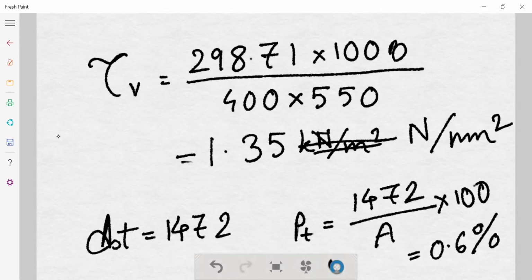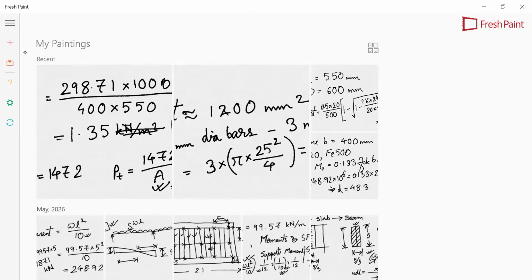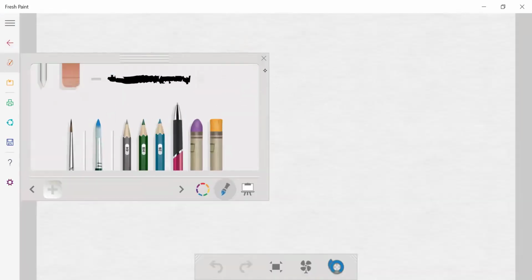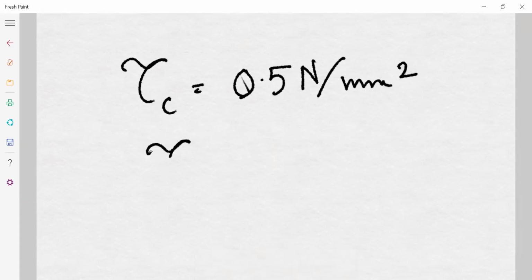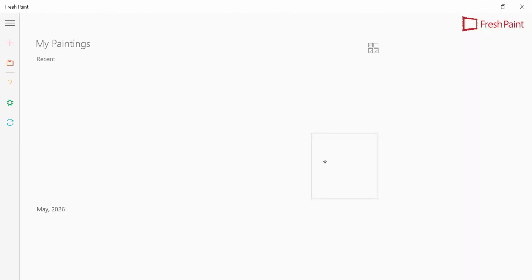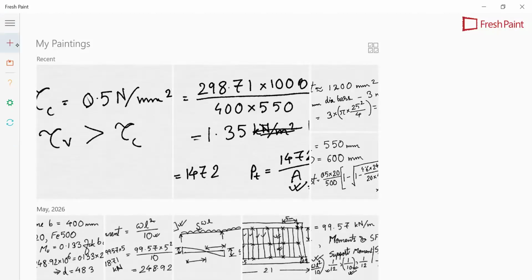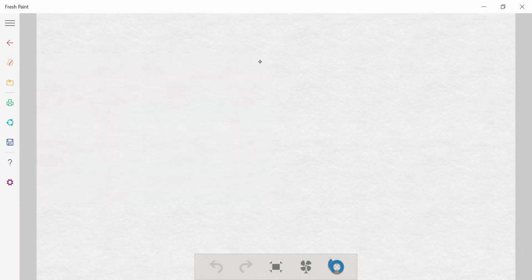So when we take 0.6% and M20 grade, corresponding to this we get the shear capacity tau C as 0.5 Newton per mm square. Now here tau V is greater than tau C, because tau V is 1.35 and tau C is 0.5. So we need shear reinforcement for that.